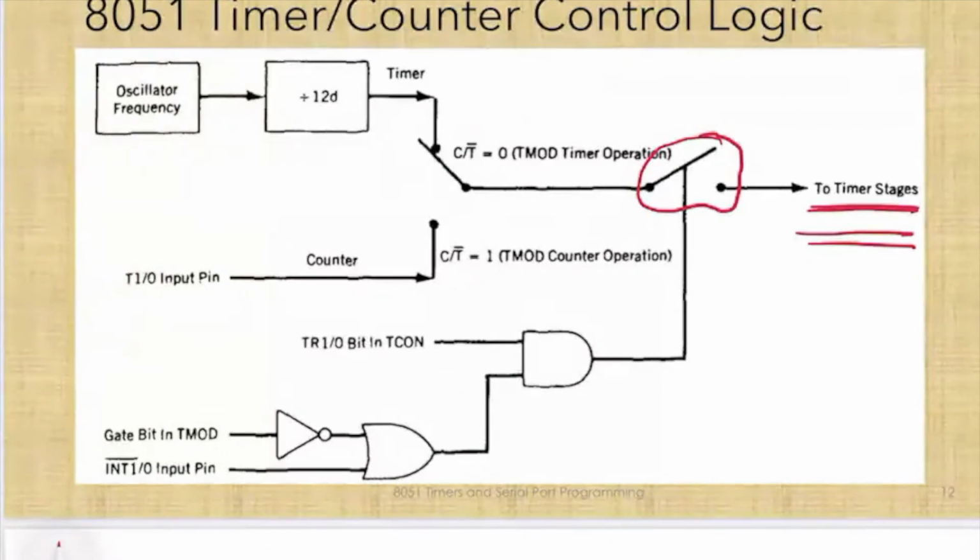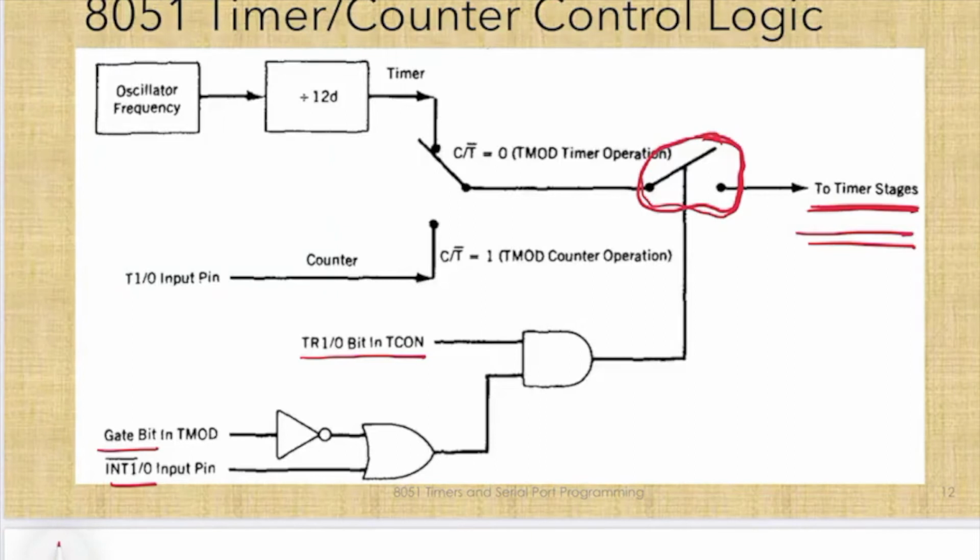If that part is clear, there is a master control, which is the switch. Now this master control is controlled by basically three things: TR, gate, and INT0. Remember, we have a master control for something to go to the timer stages. Let us not worry about what is going to the timer stages.